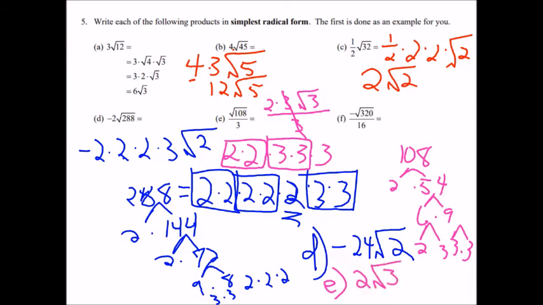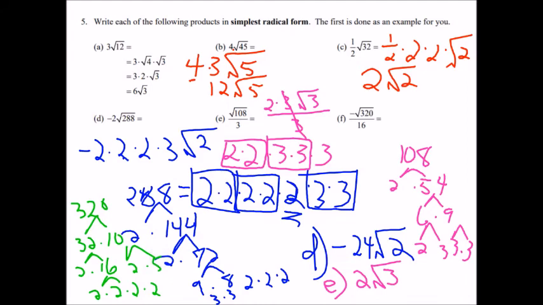All right, and then for letter F, let's see here, where can I go? 320, I'll try to squeeze it in here. Let's do 32 times 10. That's 2 times 16. That's 2 times 2 times 2 times 2. That's 2 times 5.